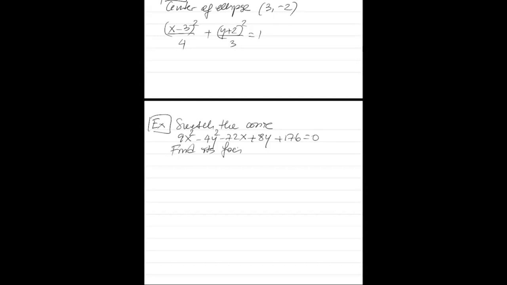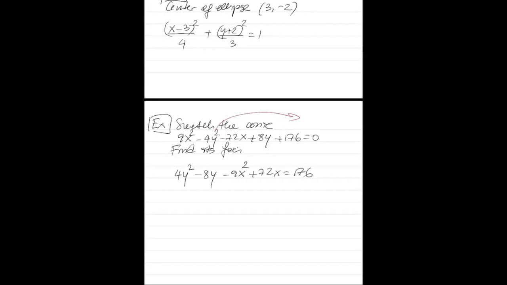So first thing we're going to do is complete the square and rewrite the equation so it looks familiar. I want y to be positive, so I'm going to move these terms to the other side: 4y squared minus 8y minus 9x squared plus 72x equals 176.